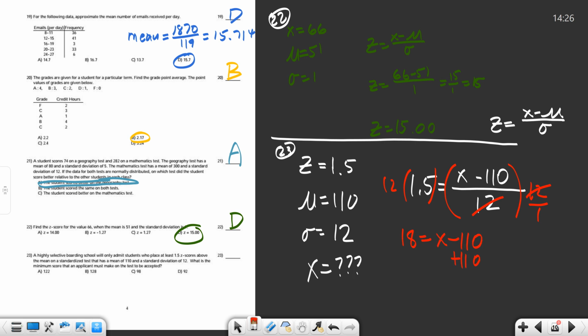And then we're going to add 110 to both sides because that cancels. We get 128 equals x. So the cutoff score, so to speak, for this particular boarding school, is that if you don't make at least a 128, then you're not going to be considered for the program, or you can't be accepted.